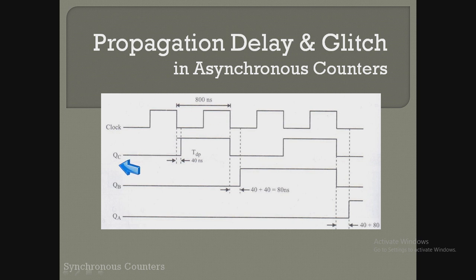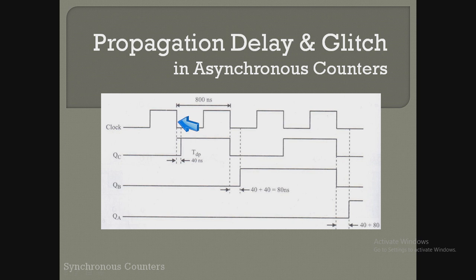Now the first flip-flop's output will be triggered when there is a negative edge. If you remember, all the flip-flops used were negative edge triggered. So whenever there is a negative edge, it will trigger. But this triggering does not happen immediately because a flip-flop takes some time to produce the output.